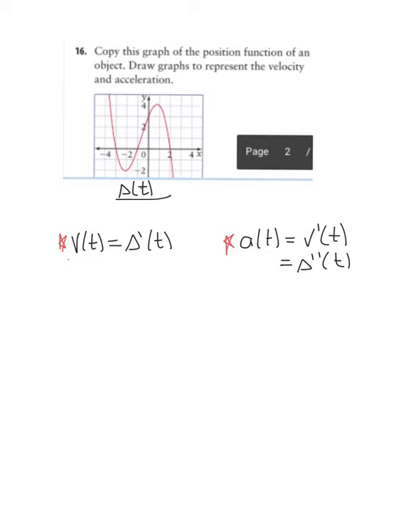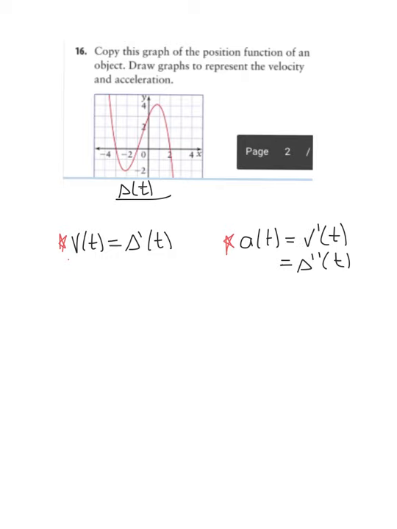So once I get that velocity function, I would derive that and I would get my acceleration. I wrote that here, and underneath that I've written that it is the double derivative of my position function.